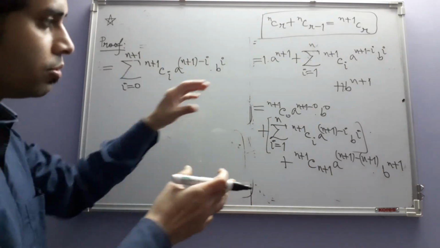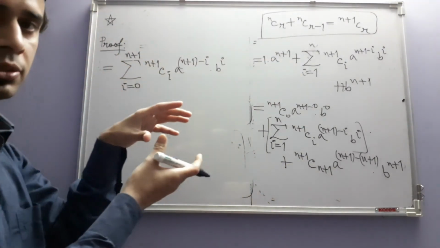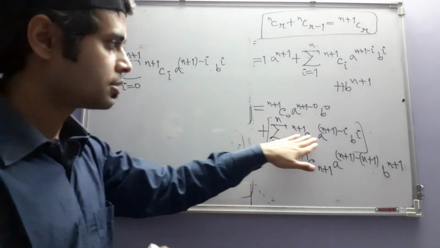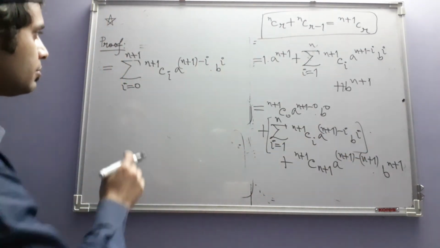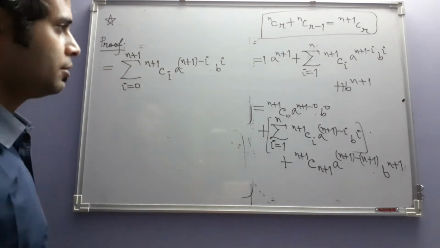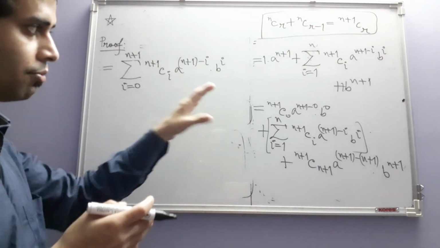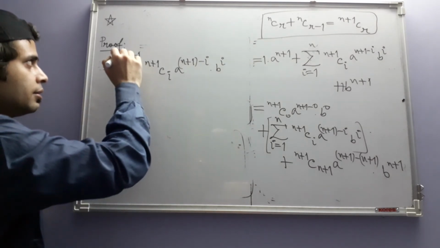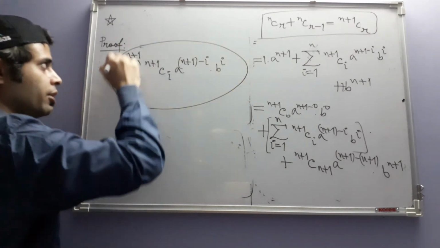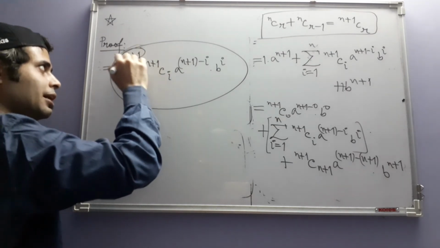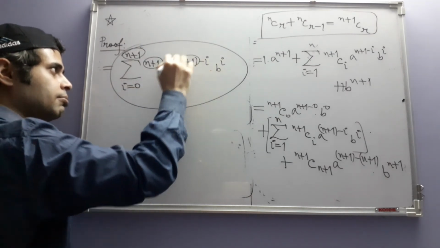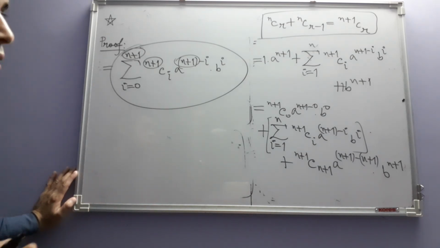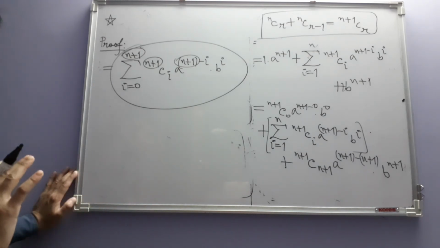So the two extra terms can be accommodated inside a new sum, of which this sum is a part. And now you look at the binomial formula, the one that we were trying to prove, and see that this is just that formula when in place of n we have n plus 1. That means this is the end of our induction, and we have in fact proved the formula.